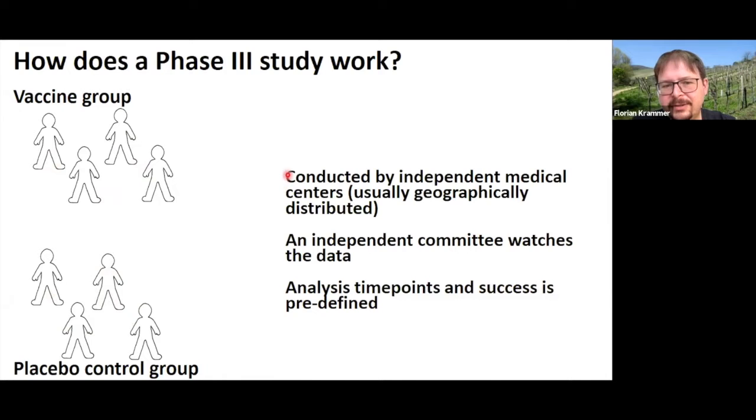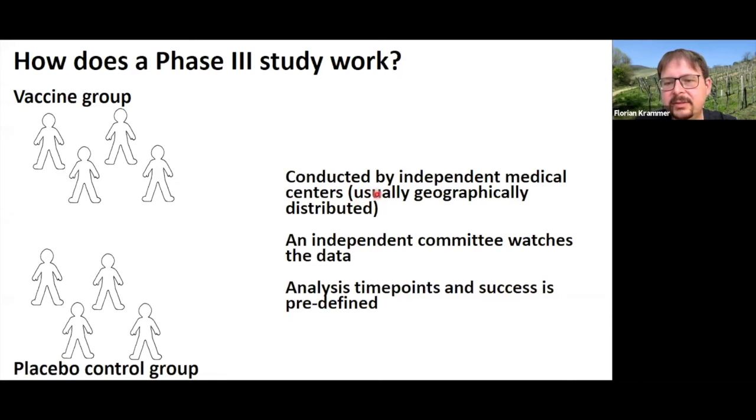The important part here is also that these clinical trials are usually conducted by independent medical centers. So Mount Sinai, for example, ran parts of the Pfizer trial. Now we're running part of another vaccine trial. We also contributed to the Johnson & Johnson trial, but they're not run by the companies themselves that make these vaccines. They're run by medical centers.